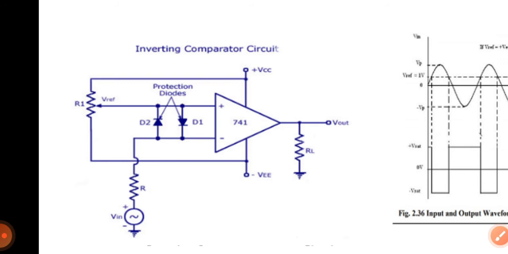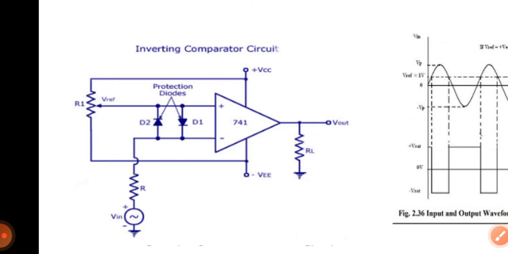V reference becomes more negative as it moves towards minus VEE, and as it moves towards plus VCC, V reference becomes more positive. Thus, the V reference of the desired amplitude and polarity can be obtained simply by adjusting the 10 kilo ohm pot. Right?